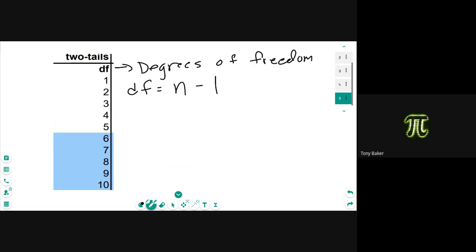And then after 30, it kind of jumps, right? They did 30, 40, 60, 80, 100, 1,000. What was the number I told you was the important number? 30. Okay, after 30, it's basically the Z. And you can see it gets really close to that Z down the bottom. So the vast majority of the ones that we're going to look at in this situation fall between that 1 and that 30.